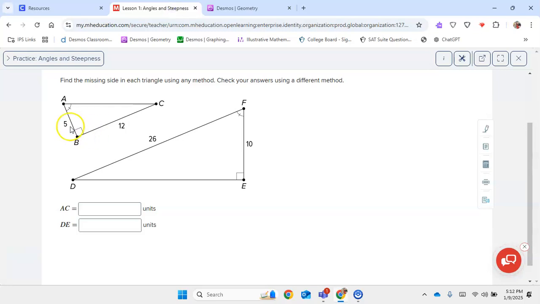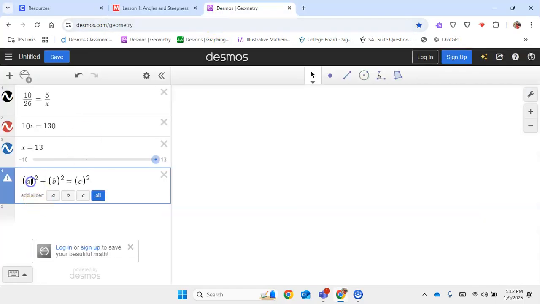On that triangle, they give us the small side and the medium side. So A is 5 and B is 12. That means C is x, right?